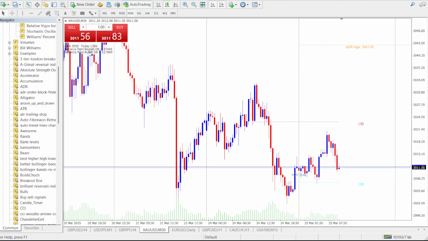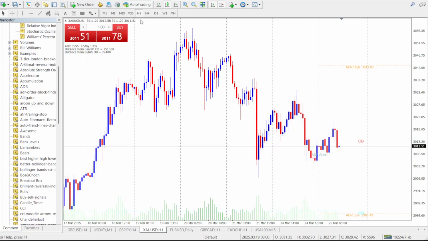This tool is most effective on shorter time frames such as the 30 minutes and the 1 hour. So that makes it quite a good one to consider for scalpers and short-term traders. Okay, how do you use this indicator for trading?